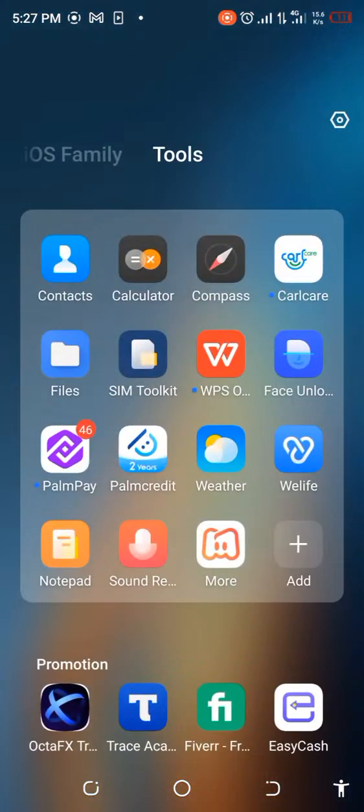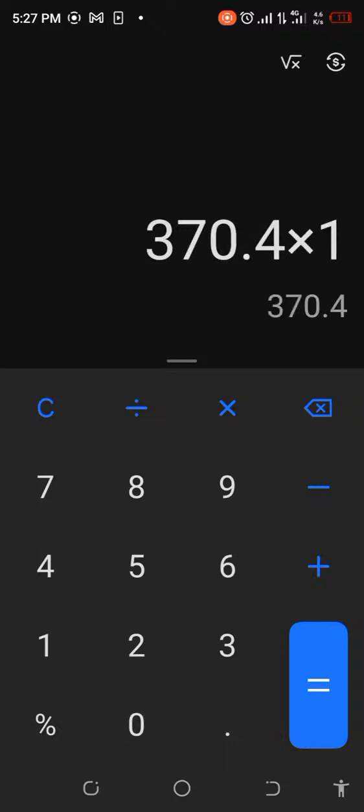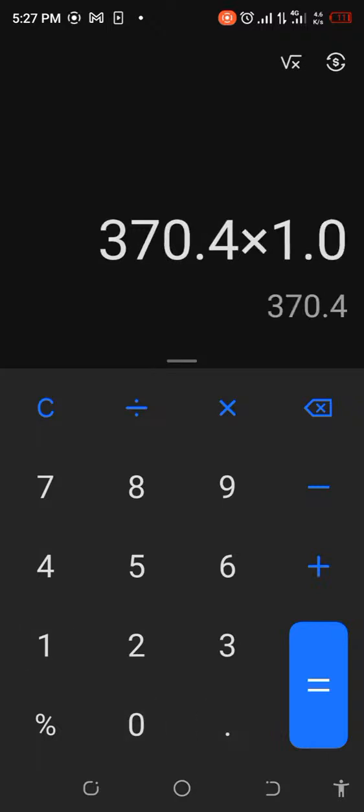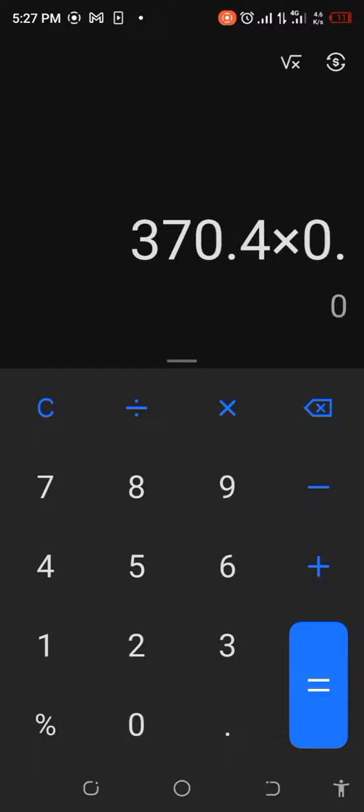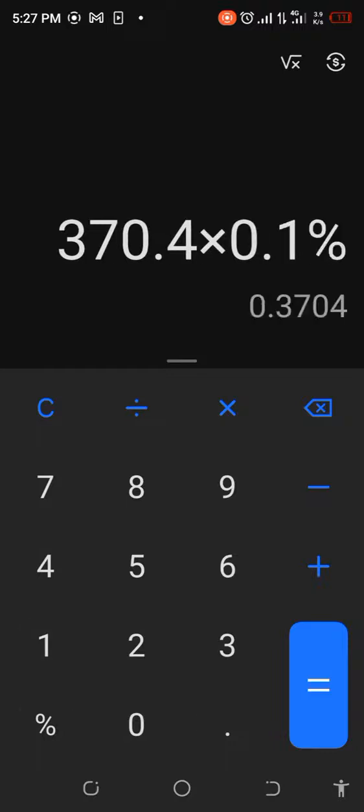It was actually, if you can remember, 370.4. If we take times 0.1%, that's just 0.37. Okay, so you can see that 0.1% of 370.4 gives us 0.37 of a TRX.